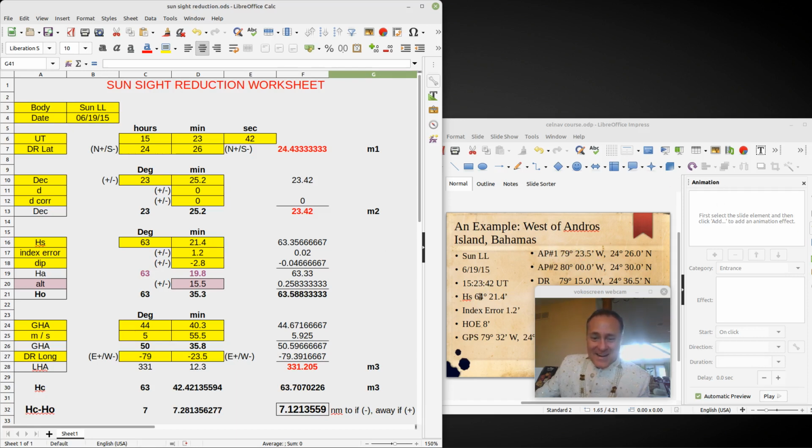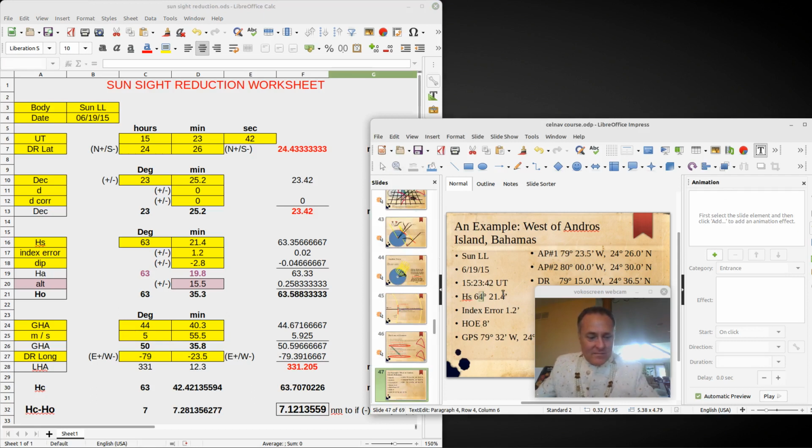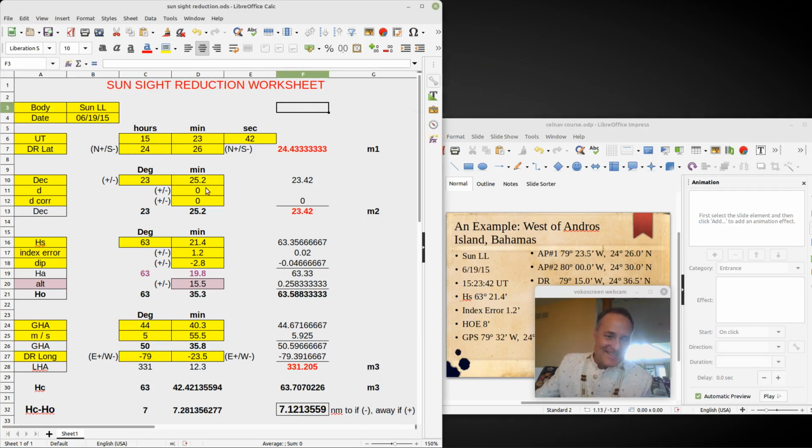I see that I've got a little mistake in my presentation; that should be a 3. The sextant altitude was 63 21.4. That was causing me a lot of trouble earlier when I was putting this spreadsheet together. But that's what it should say, 63 21.4. And here it is, 63 21.4.